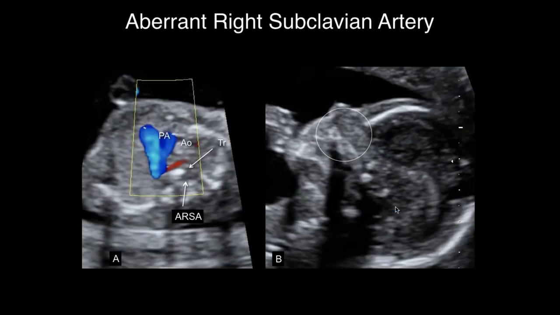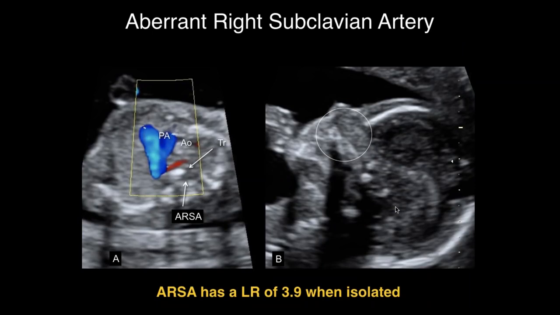Why is this important? There have been some associations with Down syndrome in those cases, with a relative risk of somewhere around a 3 to 4 likelihood ratio. So it's quite significant actually. What we do currently, if we see this, is look at the risk for the patient.